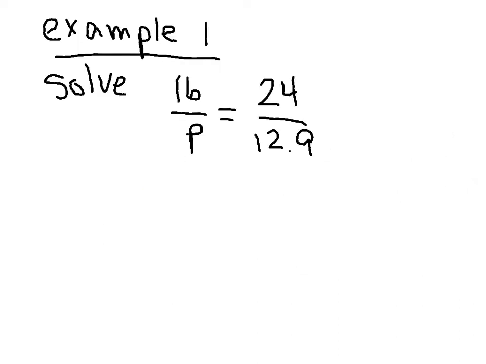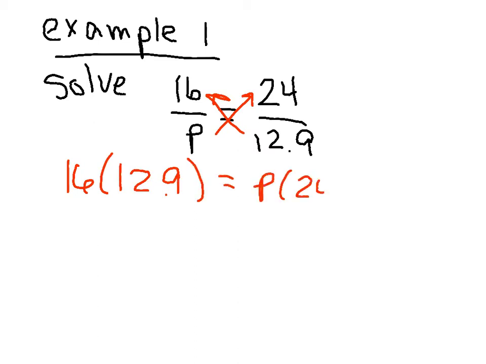First example, solve 16 over p equals 24 over 12.9. I'm going to do the cross product. 16 times 12.9 equals p times 24.